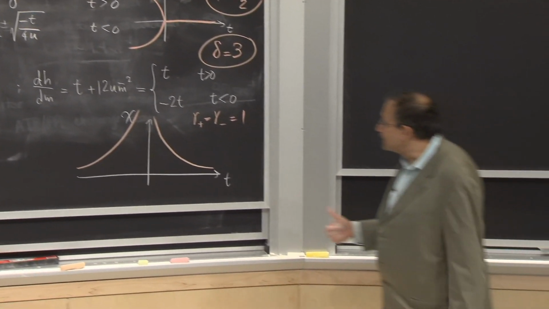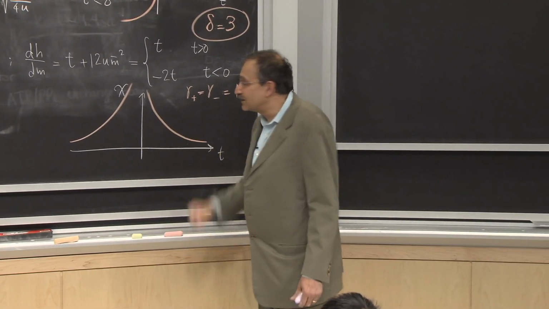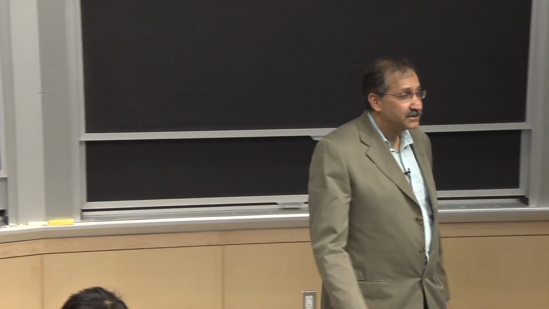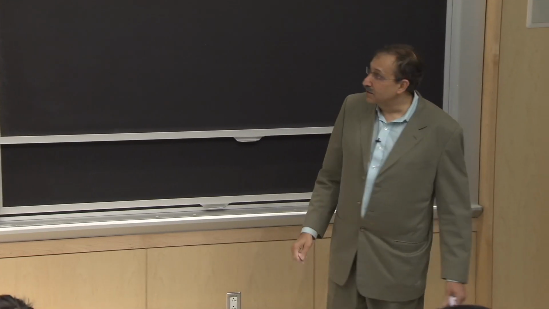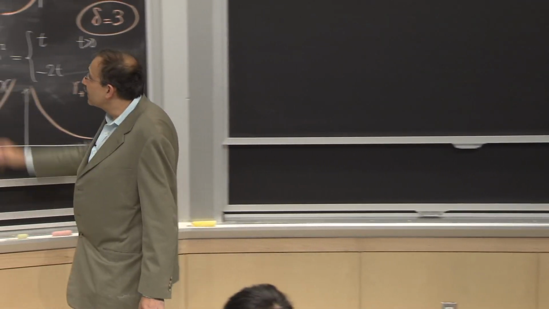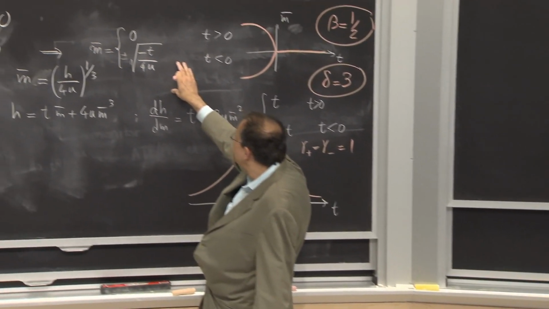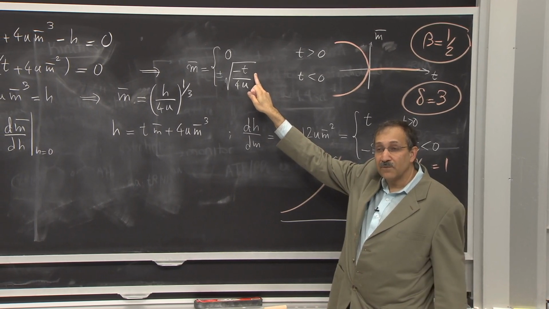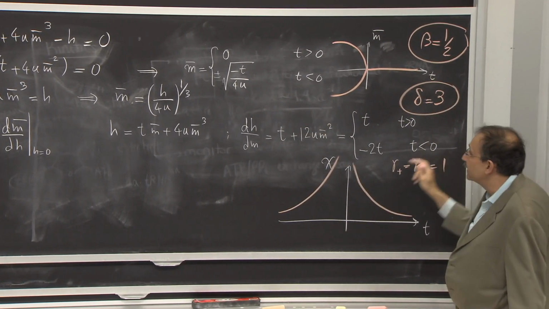But actually, we can make an additional statement here that experimentalists can go and check that I hadn't told you before. Now, you see, in all of these other cases, the only thing that I can say is universal is the functional form. This is where the exponent beta came from.